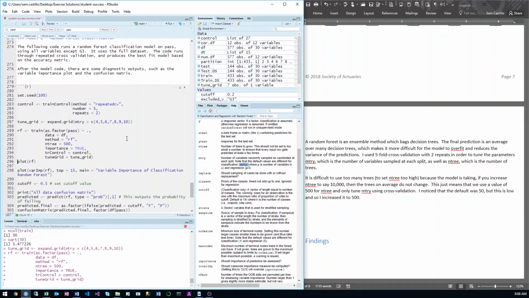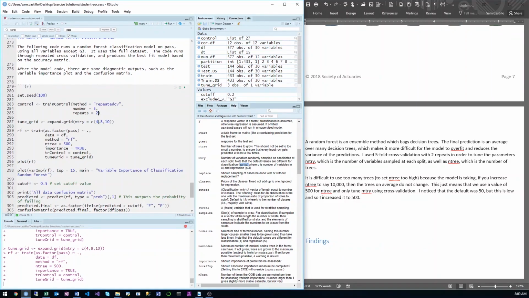It goes without saying that the more parameters you test, the longer it will take for R to run, because it has to fit a model for each of the combinations. So maybe this is too many. This is still running, so I'm going to just do 4, 8, and 10. How many models does it have to fit? One with mtry 4, one with mtry 8, one with mtry 10, and it uses cross-validation 5 times, and it repeats it twice.